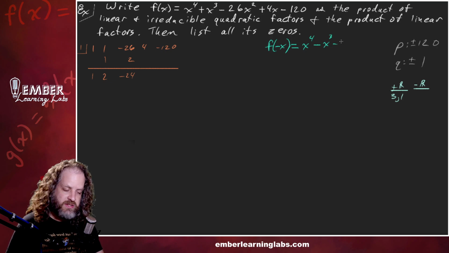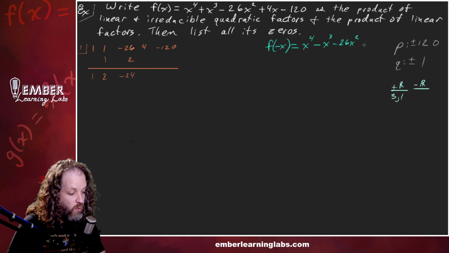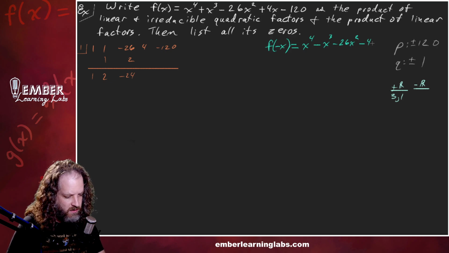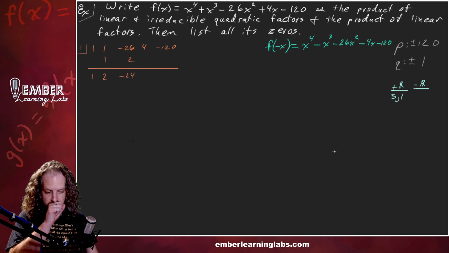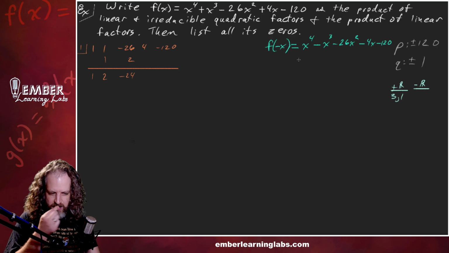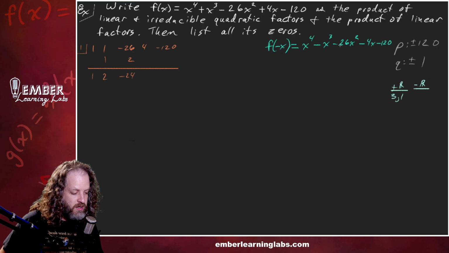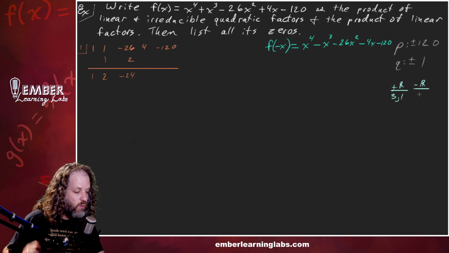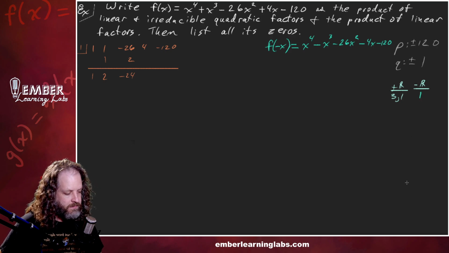The x squared one is going to stay the same, and this x to the 1st is going to change. So minus 4x and then minus 120. Okay, see, this was fairly useful, right? Because if you see here, there's only 1 change, which means there's definitely 1 negative, right?